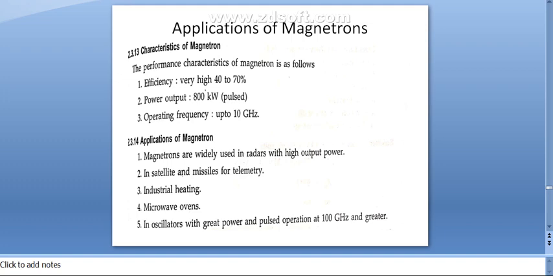And the applications are: in satellites and missiles, in satellite communication, in industrial heating, microwave ovens, and radars. So these are the applications of magnetrons.